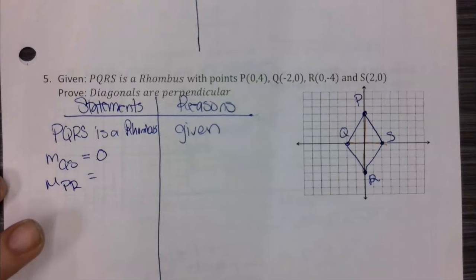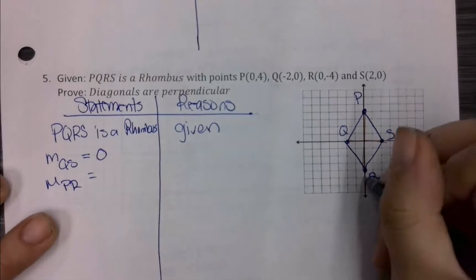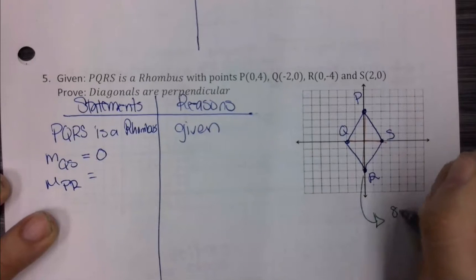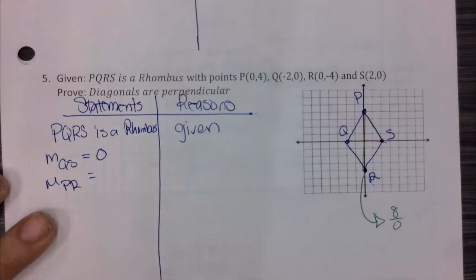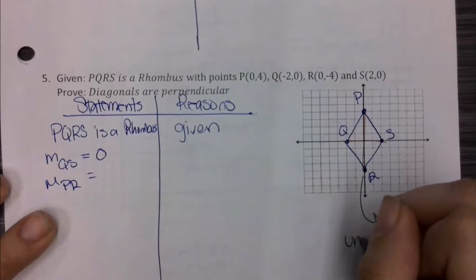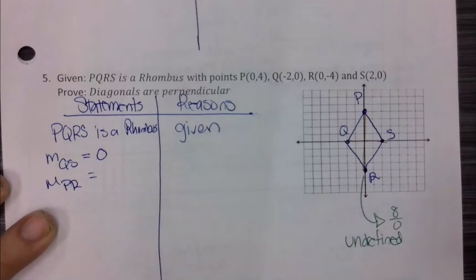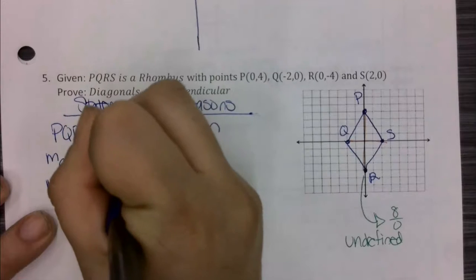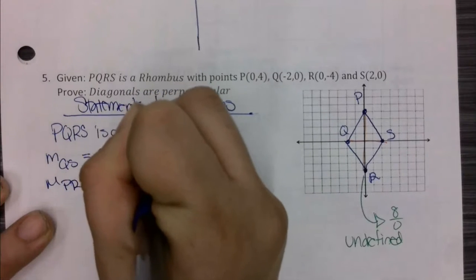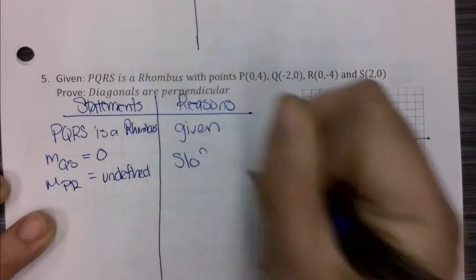It's going up 8, but over 0. Remember, when I have 0 on the bottom, it's undefined. You can't have 0 on the bottom. So this is from the slope formula.